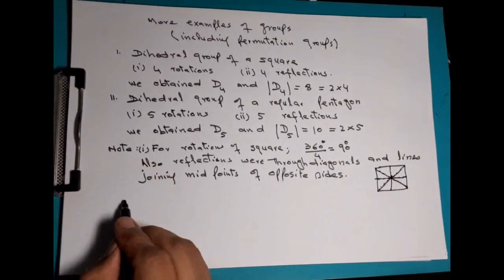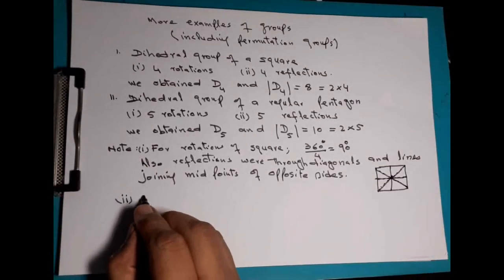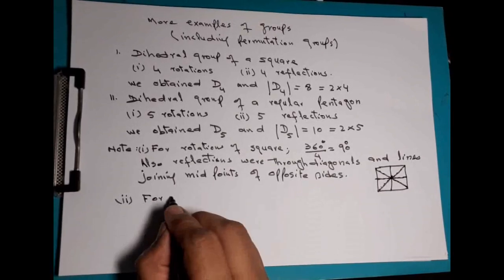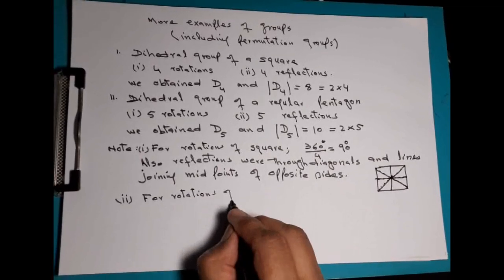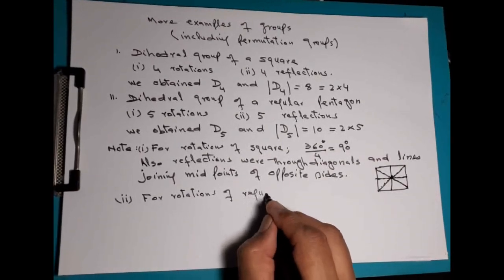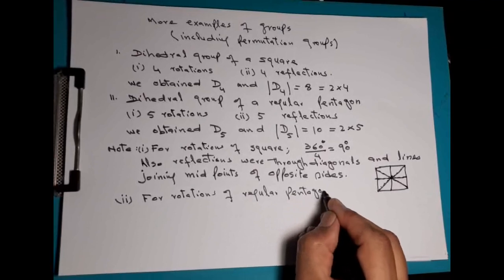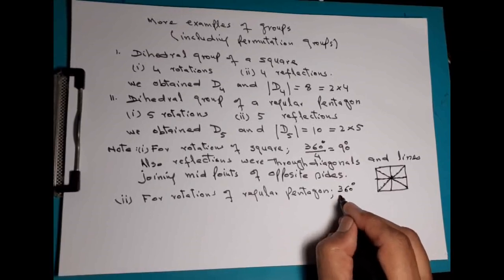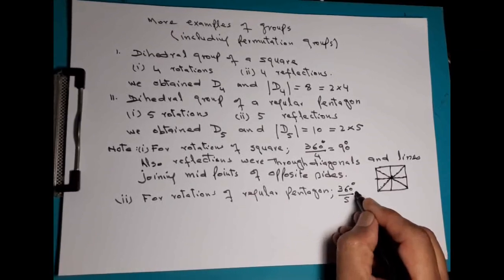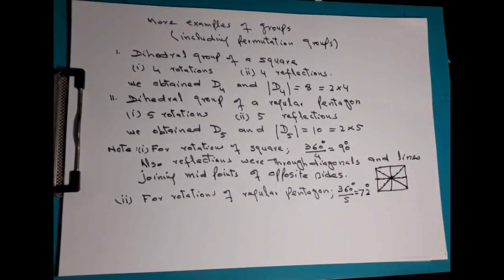And let's recall about the regular pentagon. For rotations of a regular pentagon, we divided 360 by 5 and we obtained 72. So this is the angle we rotated the pentagon again and again.